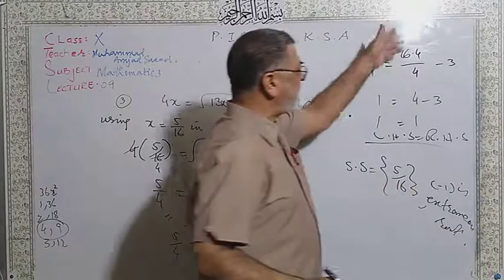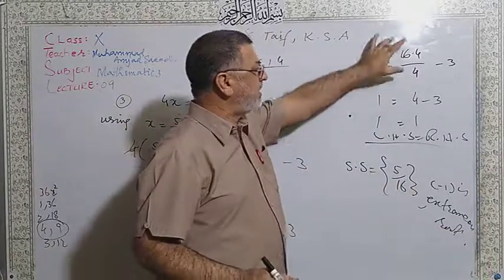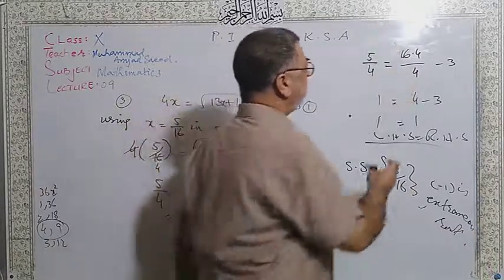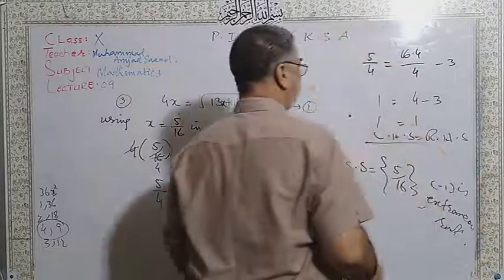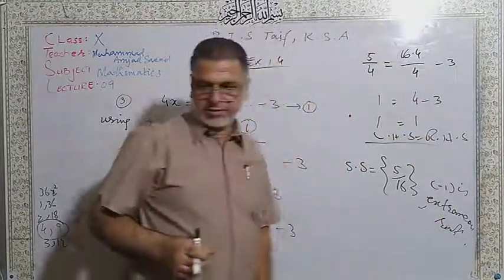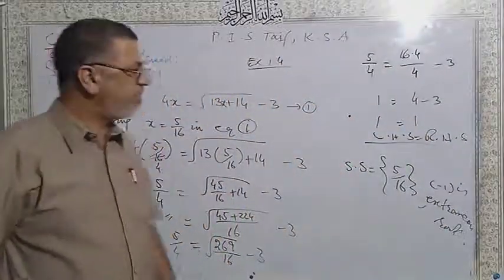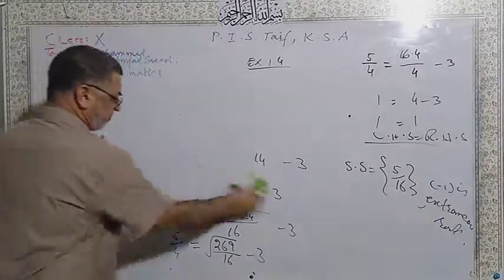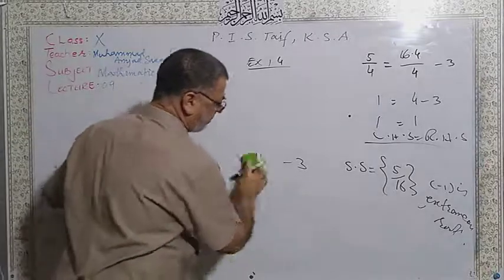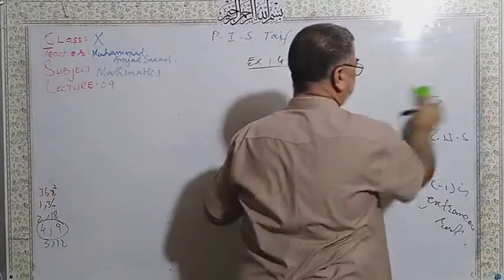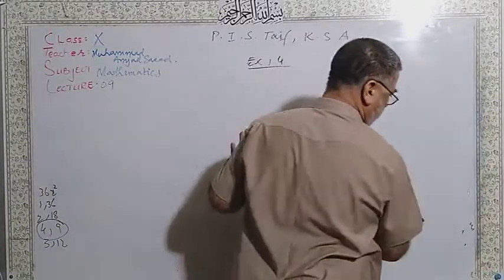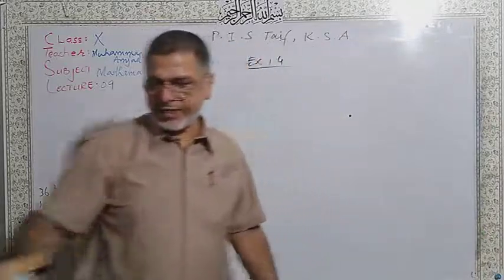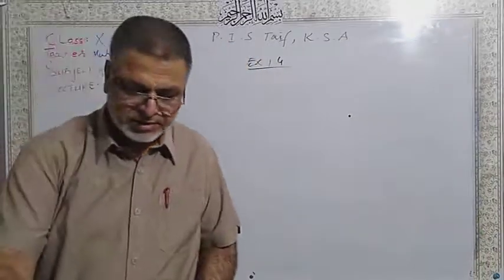I have simplified, divided, taken the square root and then divided by 4. It is approximately 4, and 4 minus 3 is 1, which is equal to your answer. So approximately that is equal to 1.